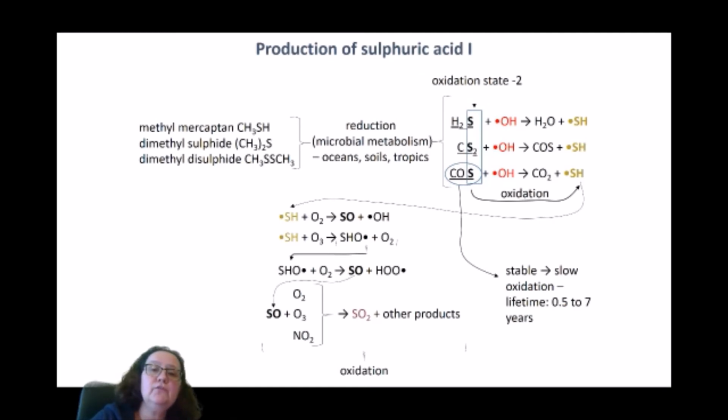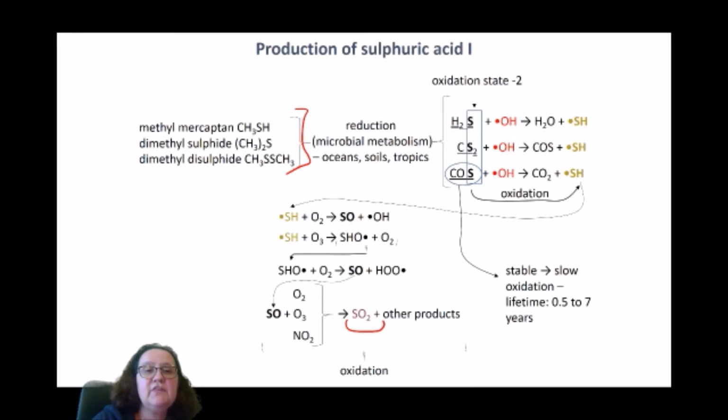And how can you form sulfuric acid in the atmosphere? Well, there are a couple of processes involved in the production of sulfur dioxide, which is the precursor, with water, of sulfuric acid. On one hand, you have these sulfur-containing species that come from reduction processes, microbial activity in low oxygen level areas.